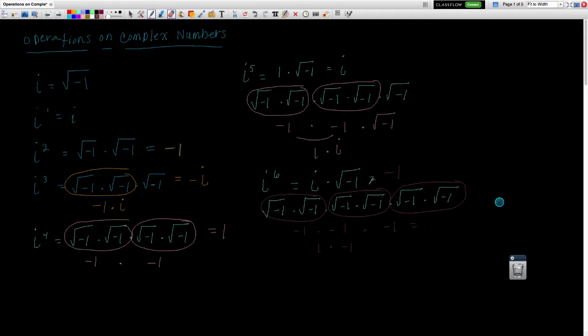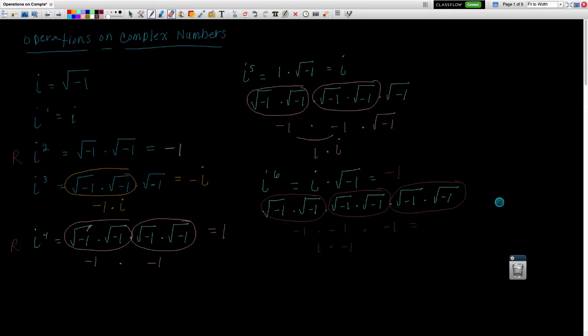So it's just a matter of finding the patterns. And which ones of these are real numbers? Well, i to the first power is not a real number. Negative 1 is a real number, so i to the second power is real. i to the third power gives you negative i, which is not a real number. i to the fourth power, we ended up with 1.